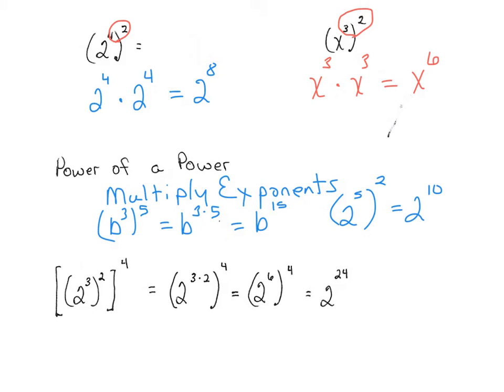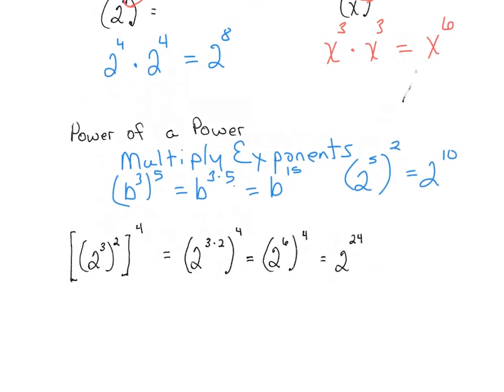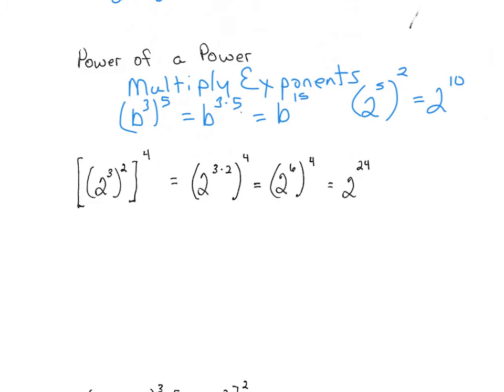So let's work through a couple of examples, and then I'm going to let you try a couple. Well, this one's already worked out for you. Notice this looks a little bit more complicated than the last ones, and isn't that always the way it is? But we can start in the middle, and we work our way out.